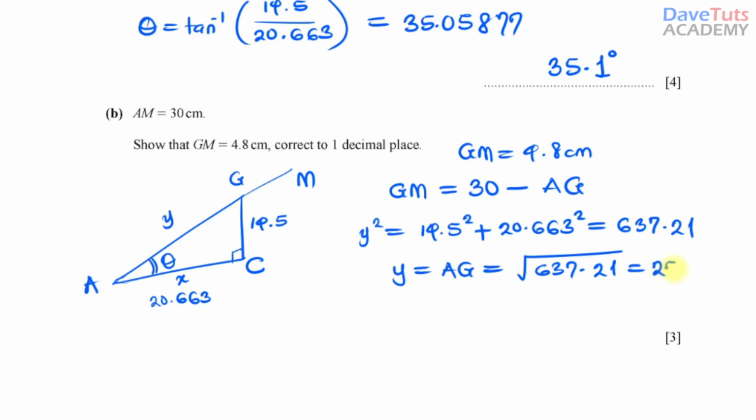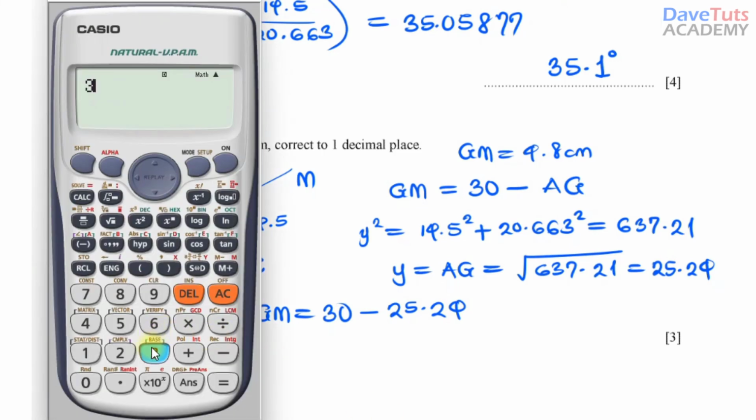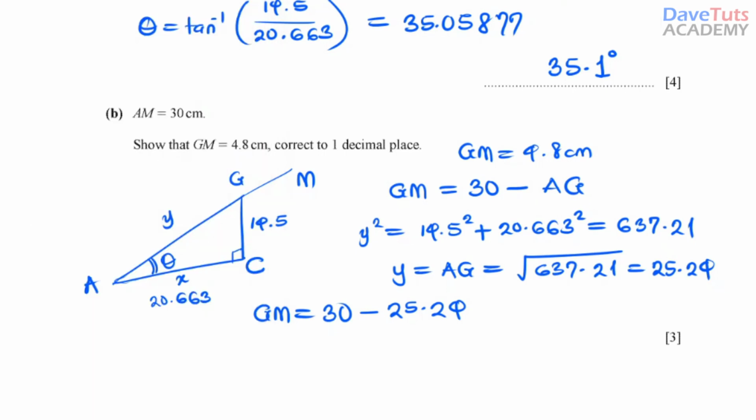So in that case, our GM will be 30, which is AM, minus this AG, which is 25.24. So what's that going to give us? We have 30 minus 25.24, so this is 4.76.